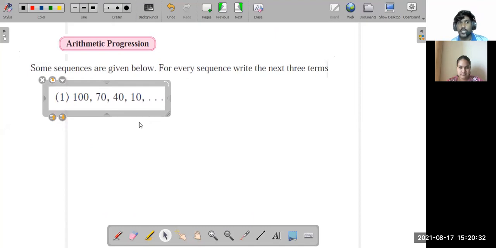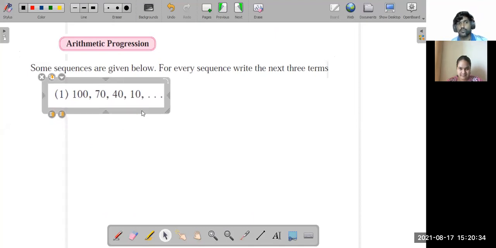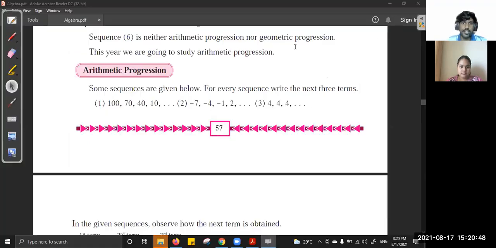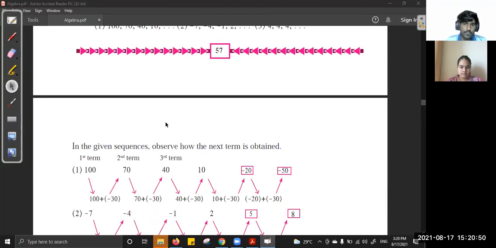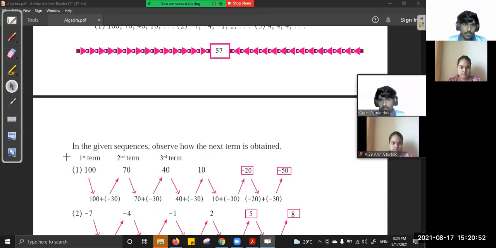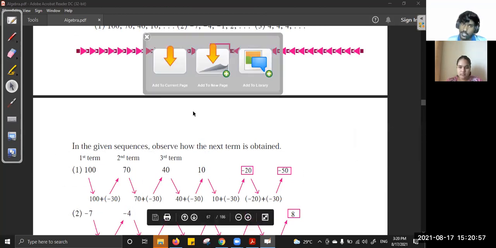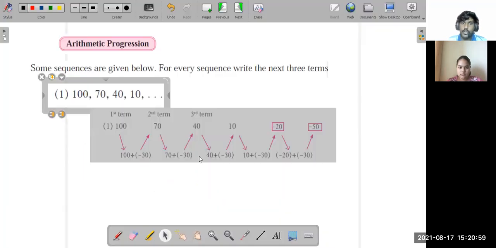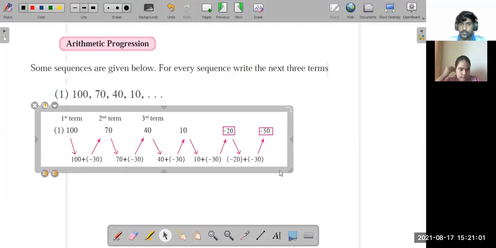Can you see any rule here? It is decreasing by how much? 30 every time, correct. So if it decreases also, then the formula will remain the same, but you have to be careful with the sign.